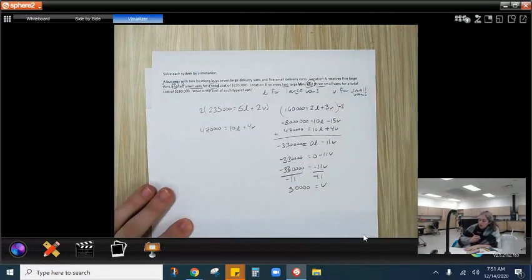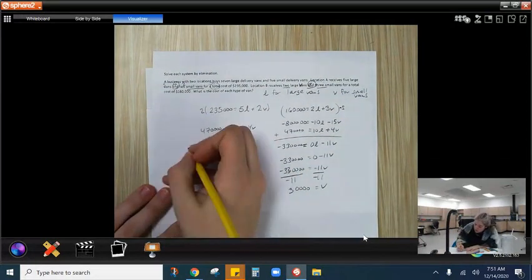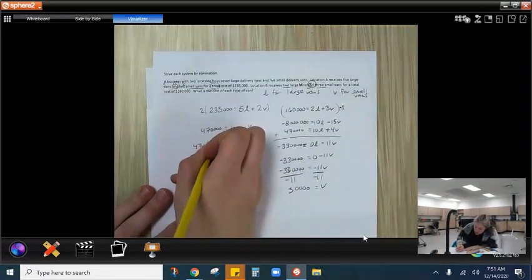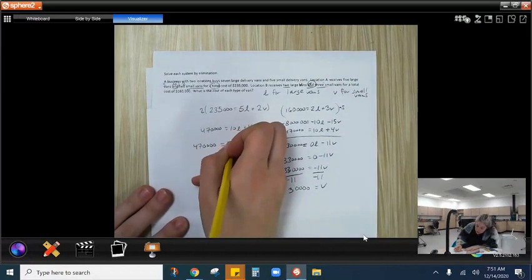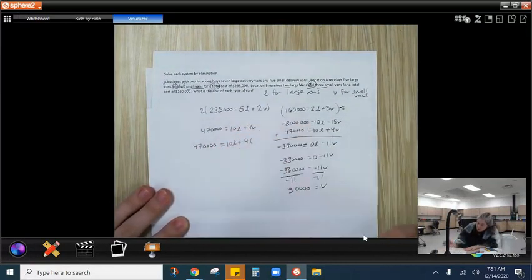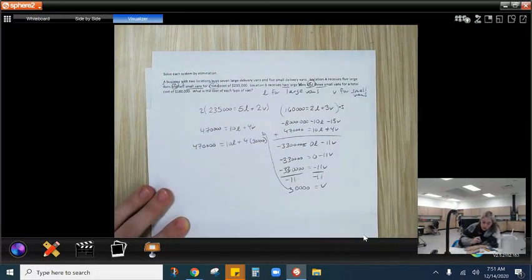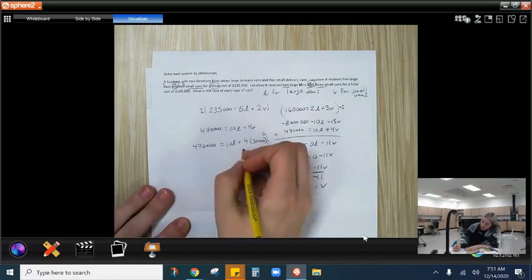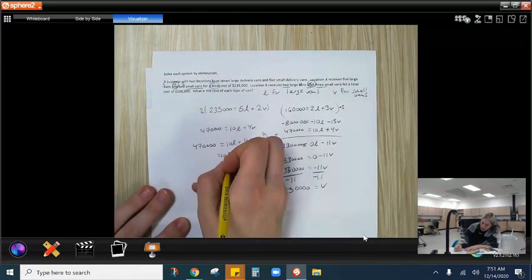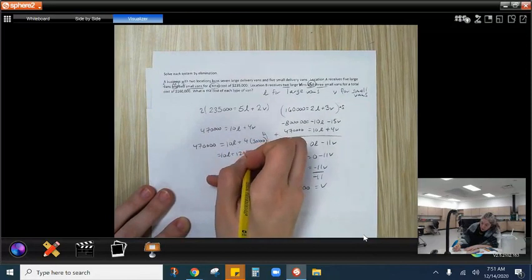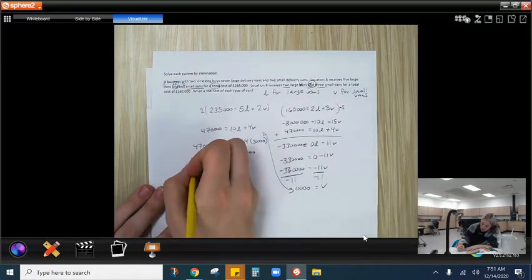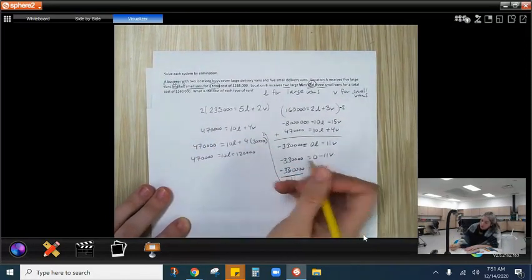Well, how much does the large van cost? Let's just use this guy right here. So 470,000 is equal to 10 large plus 4. I'm going to take out my V and put in my 30,000. There we go. Well, that would be 10 large vans plus 120,000 is what the company paid for the small vans.